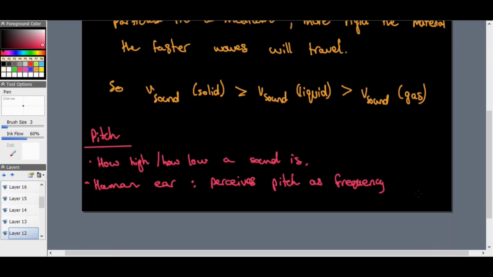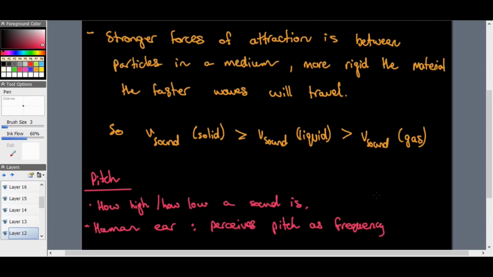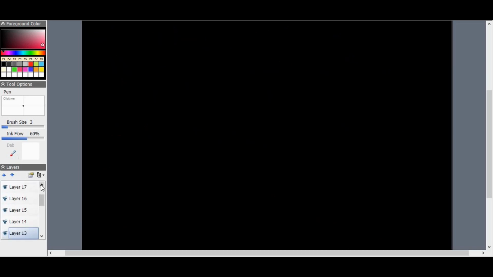For practical purposes, we can determine pitch by determining the frequency of the sound. But the word pitch, when it comes to sound, refers to how high or how low a sound is. It's not to be confused with this next term, which is called loudness.